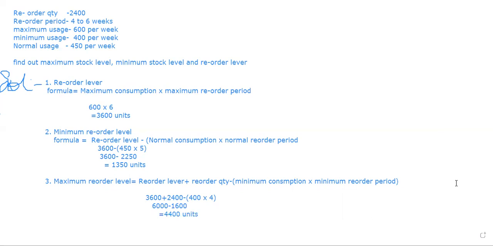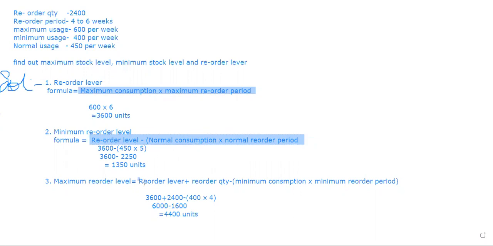So here, when these kinds of questions are asked in the examinations, they are going to give you all the information. The only bit you should remember by heart is the formulas. If you learn the formulas, then it is going to be very easy for you, because everything is going to be just a substitution into the formula. Everything will be provided for you. The only thing is you have to substitute in the formula.